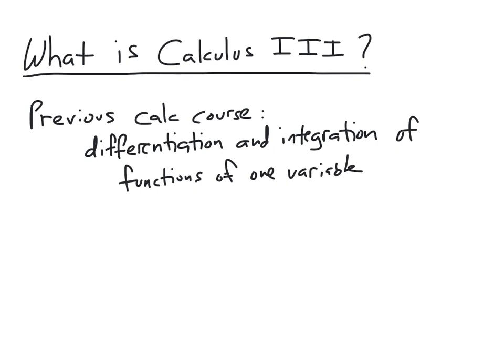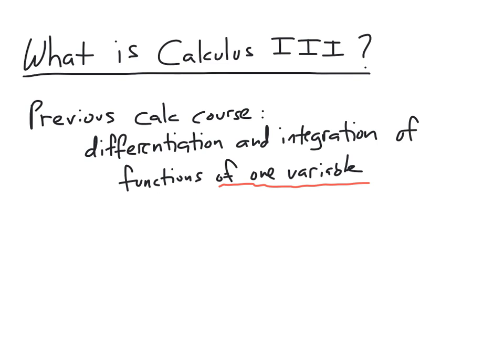A lot of times these last three words, the functions of one variable, get kind of swept under the rug because in algebra and pre-calculus, almost every function that you discuss has only one variable. And that's what happens in Calculus 1 and 2.